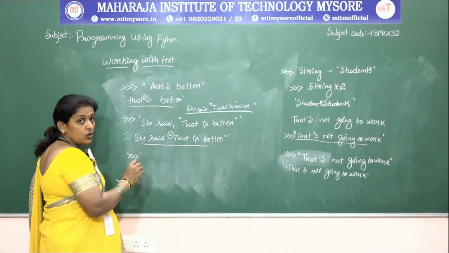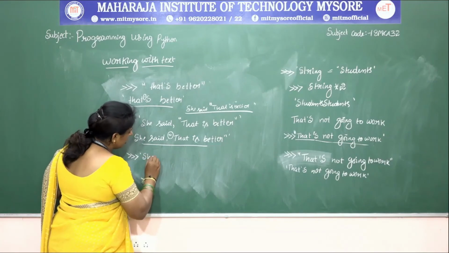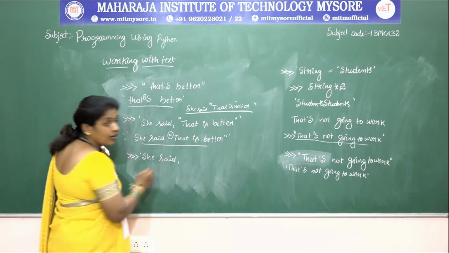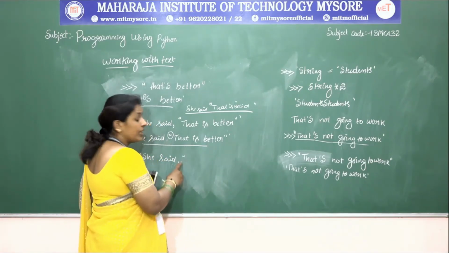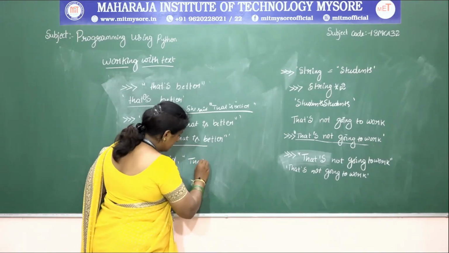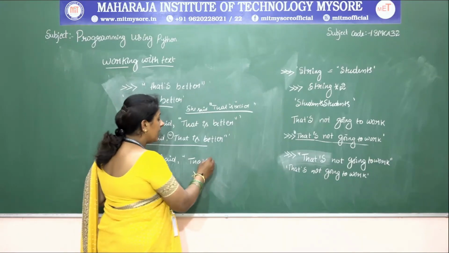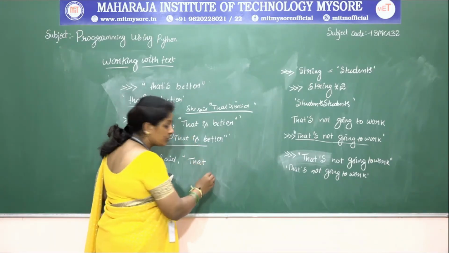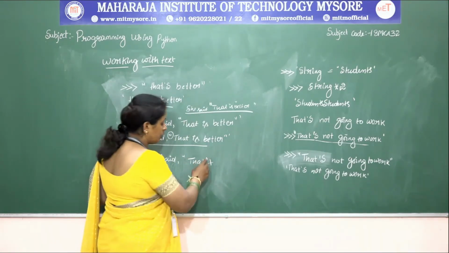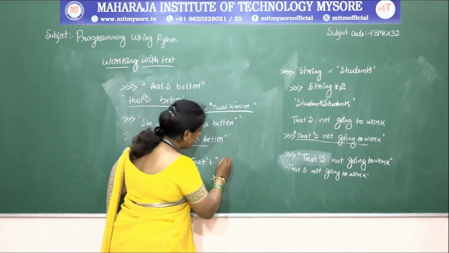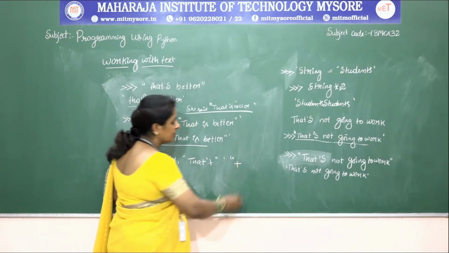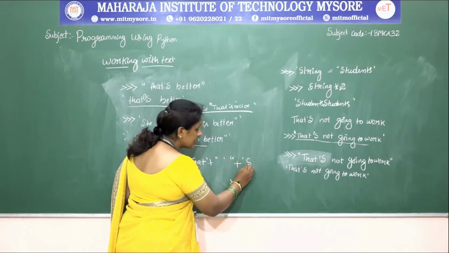Start with a single quote, she said. After that, I need a double quote over here, that. Here I require a single quote, so for that, plus, open the quotes, then close this, then single quote, then double quote, plus single quote.